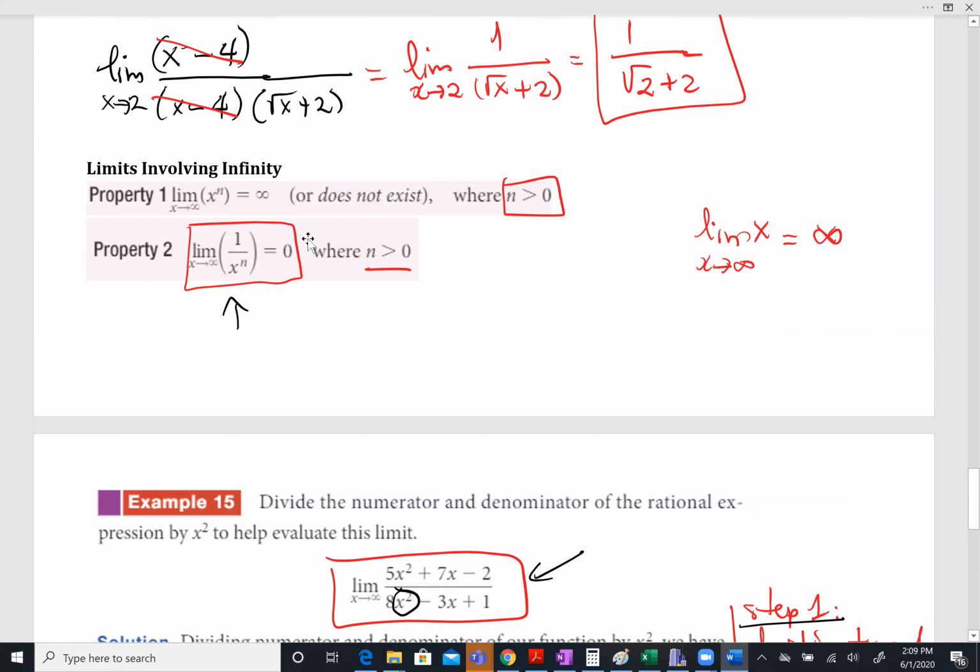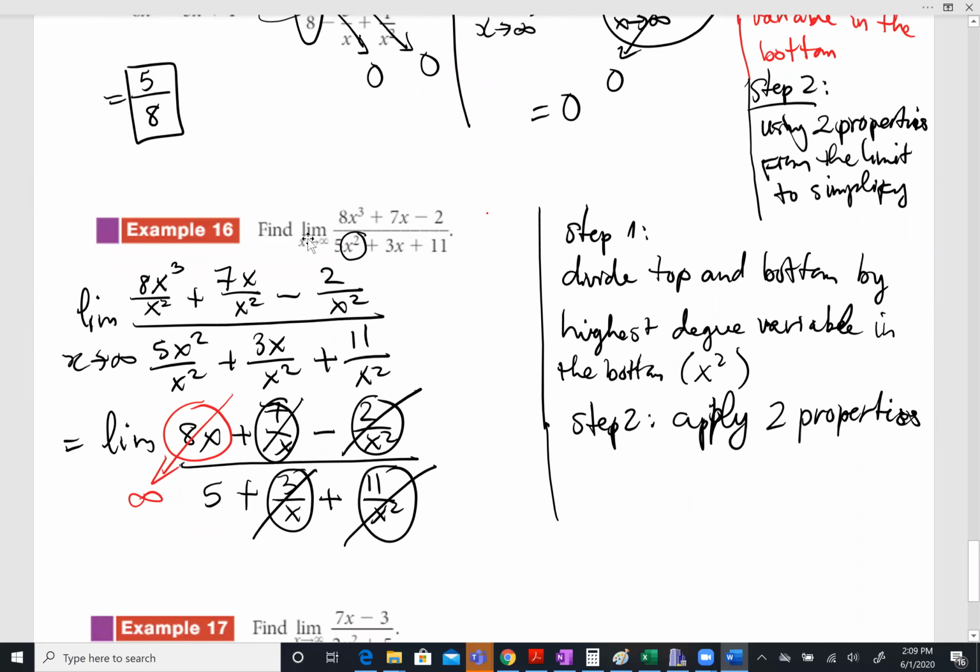The first probability says the limit of x power n will be equal to infinity, and here I have x power 1. x is not at the bottom of a fraction, so it will go to infinity.